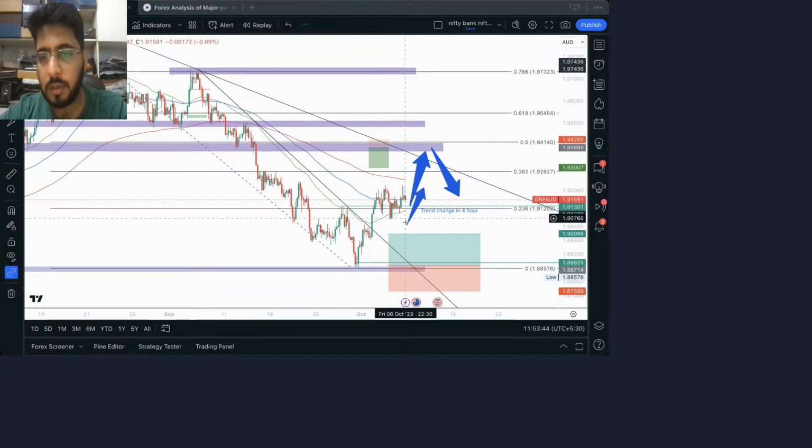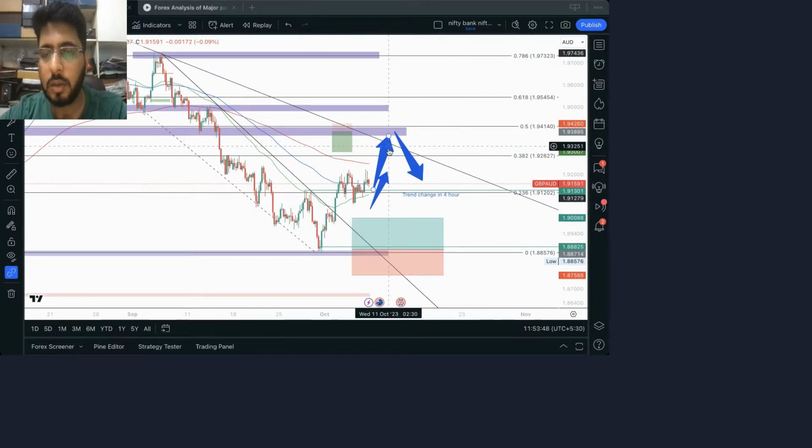So definitely I'll look for a long term trade or a buy position over there. So why am I taking a sell trade over there? Because it's a strong confluence over there.